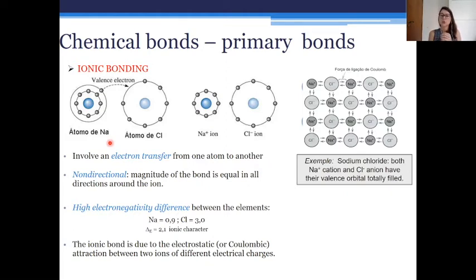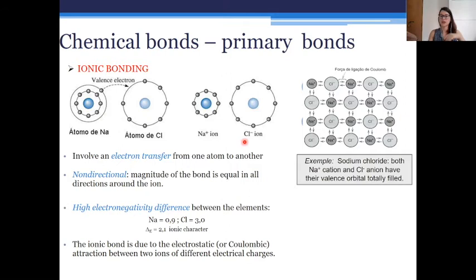So what is occurring is an electron transfer from sodium to chlorine, and as you can see, sodium turns into a cation, whereas chlorine turns into an anion. In that way, both of them are in a stable electron configuration.